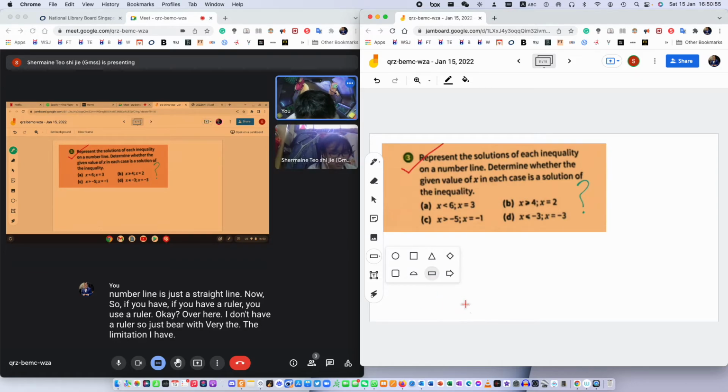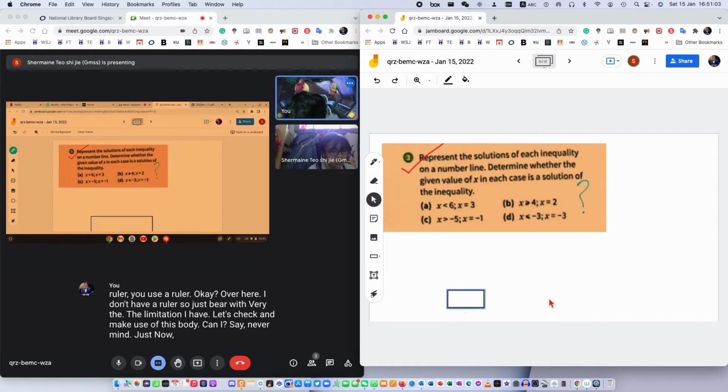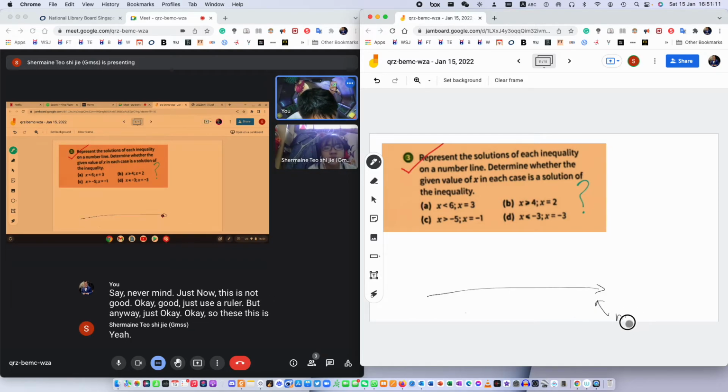Actually, I can make use of this bar, I think. Okay, never mind, this is not good. Just use a ruler. But anyway, are you clear? Yeah. This is the number line.